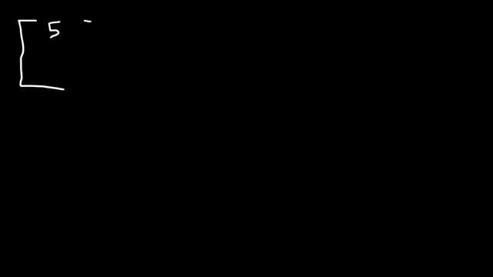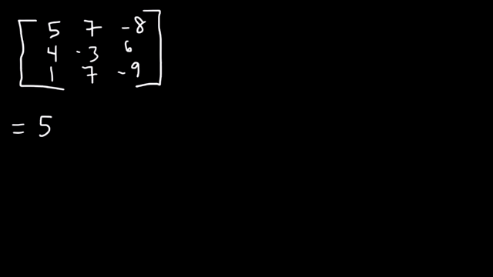Let's say this is 5, 7, negative 8, 4, negative 3, 6, 1, 7, and negative 9. Go ahead and calculate the determinant of this 3 by 3 matrix. So the first number is going to be 5. And if we get rid of the first row and the first column, we're going to get negative 3, 6, 7, negative 9.